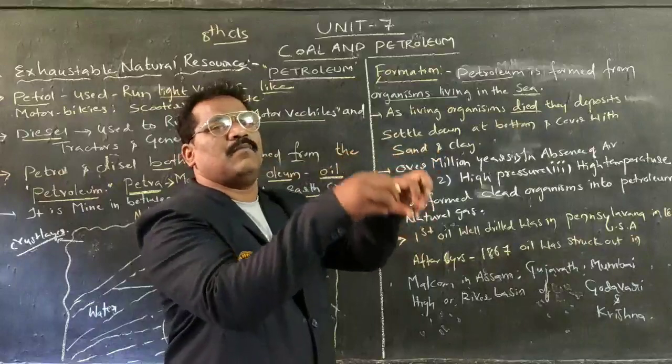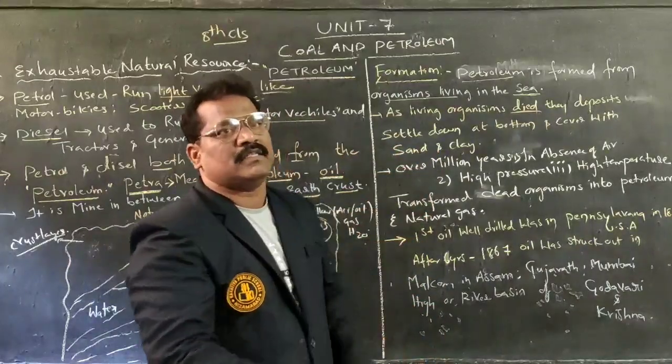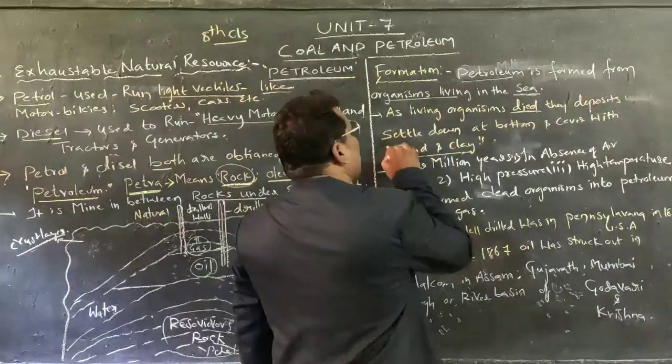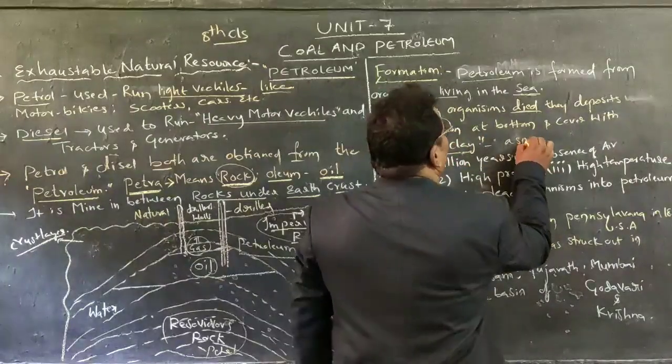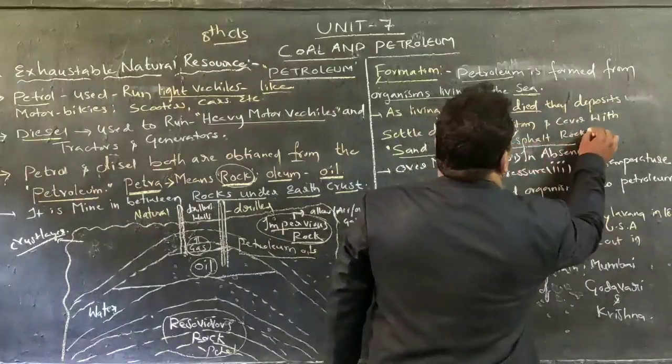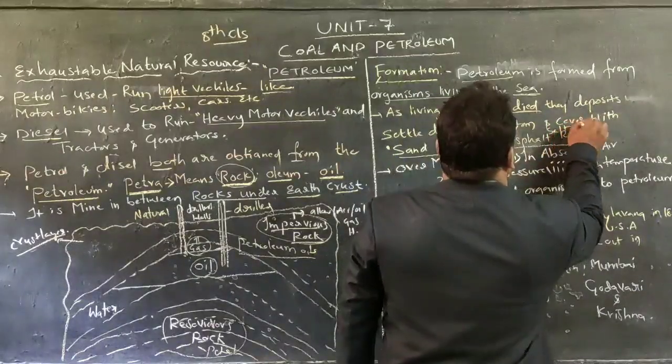As they settled at the bottom of the ocean layer, the dead bodies were all covered with sand as well as clay, and it forms a rock, called asphalt rock, salt rock, and so on.